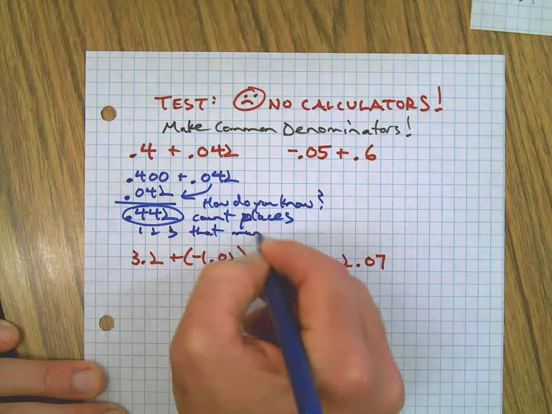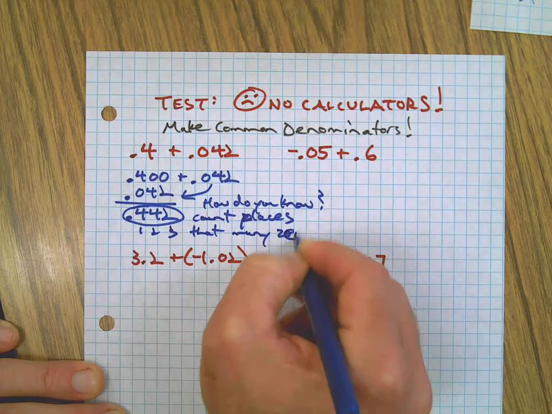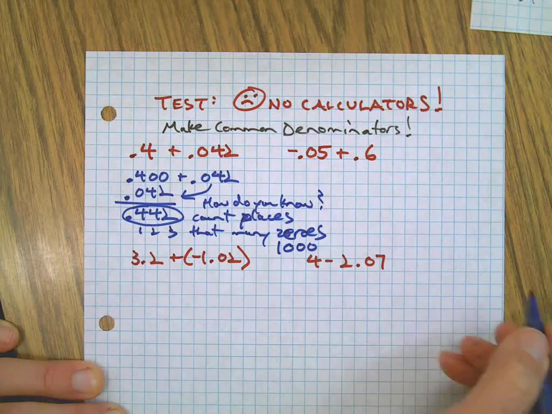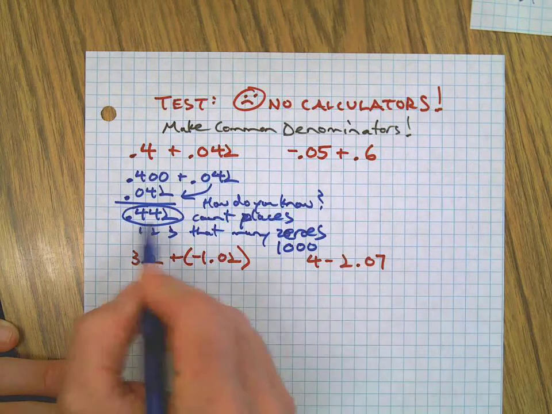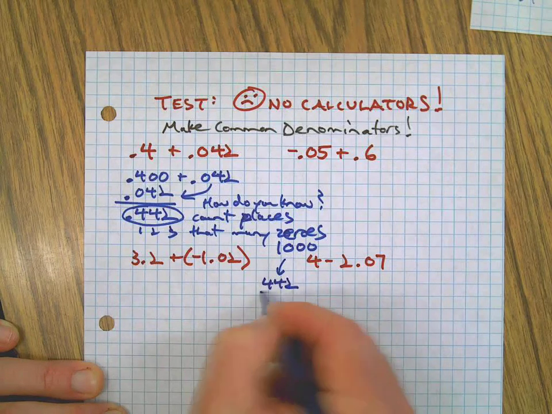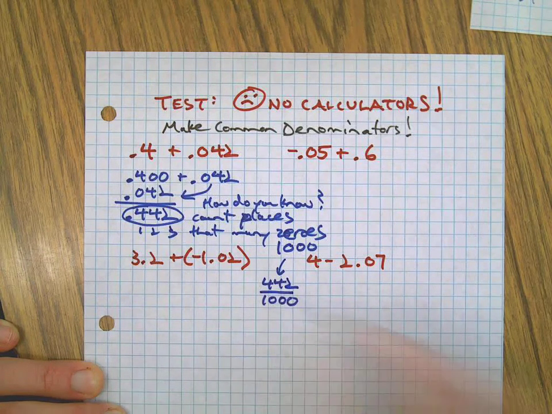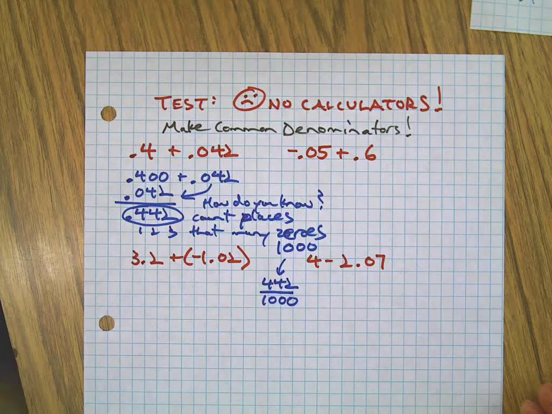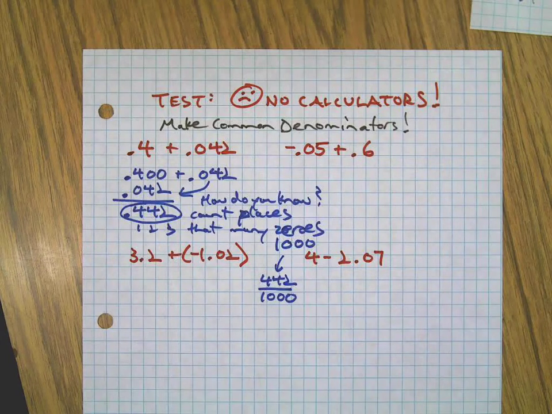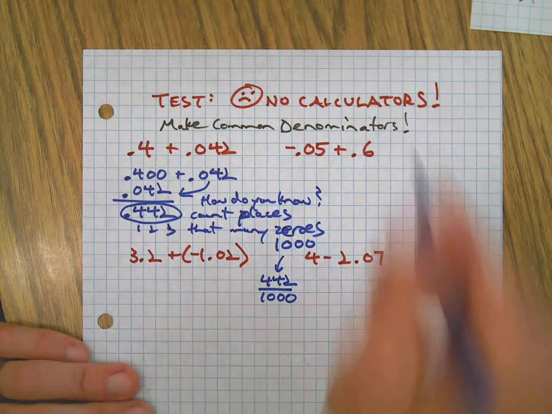Then you do that many zeros and put a 1. So in this case, it's 442 thousandths. Okay, you can do that anytime with any decimal. Count the number of places, give it that many zeros, put a 1 in front. That tells you what the place value is.